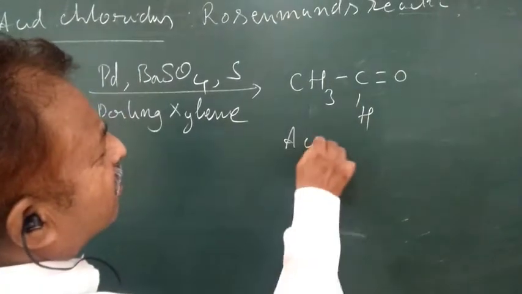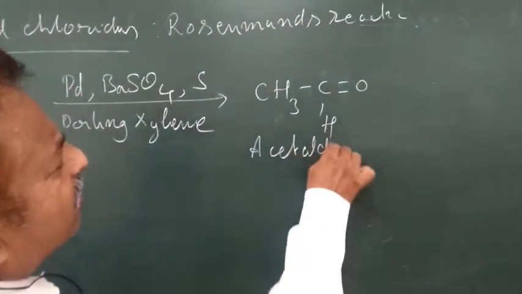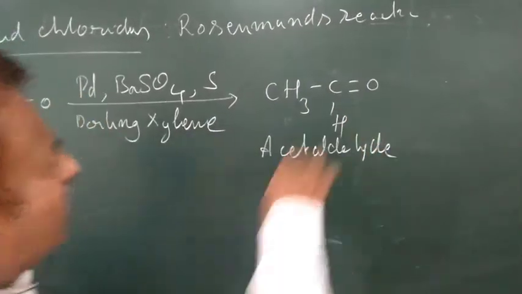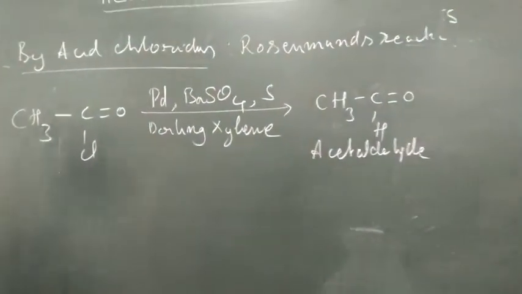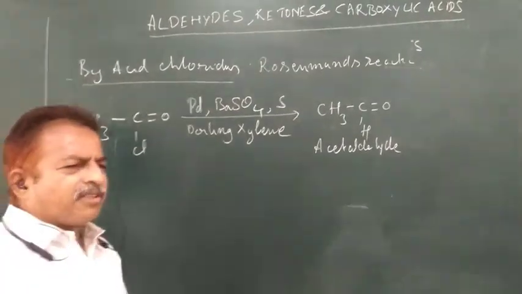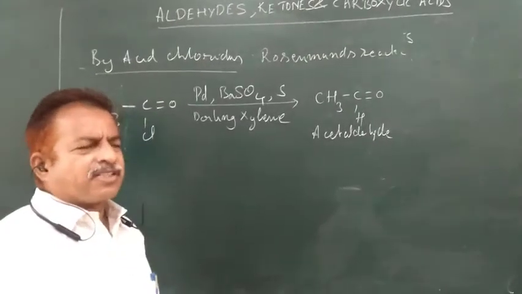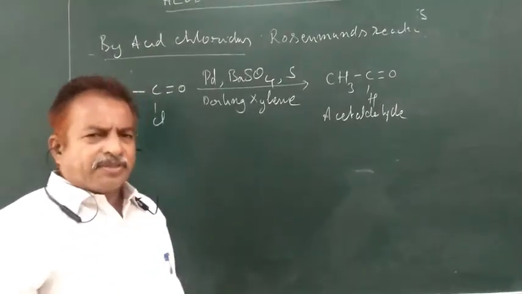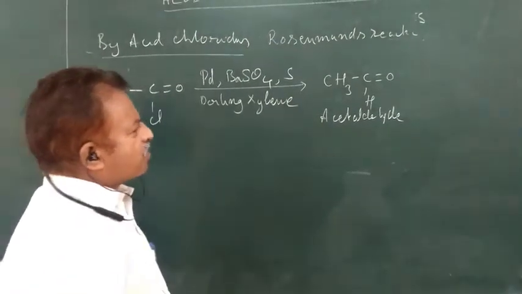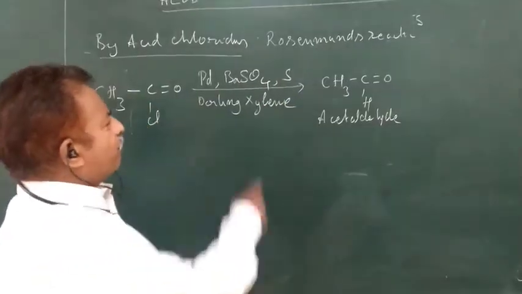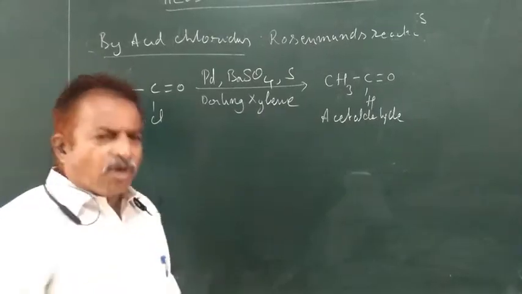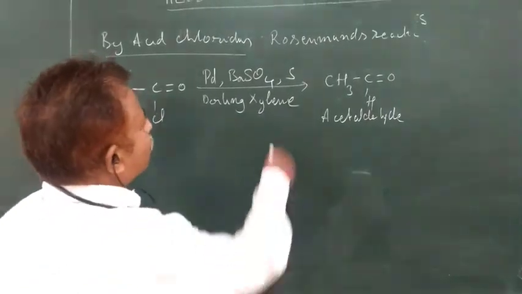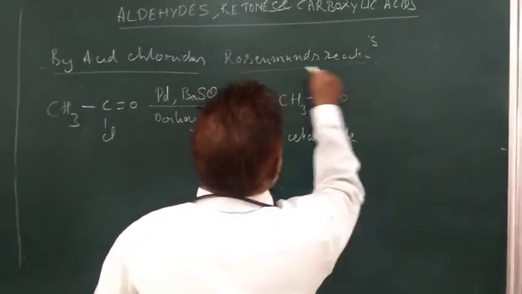This is acetaldehyde. In this reaction, barium sulfate acts as a poison. The activity of the palladium catalyst is minimized. Therefore, the reaction stops at the aldehyde stage, and of course, the reaction is carried out in boiling xylene, and this reaction is known as Rosenmund's reaction.